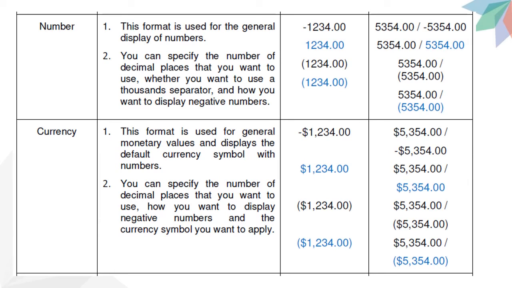The next format is the currency format. This format is used for general monetary values and displays the default currency symbol with numbers. You can specify the number of decimal places that you want to use, how you want to display negative numbers, and the currency symbols you want to apply.